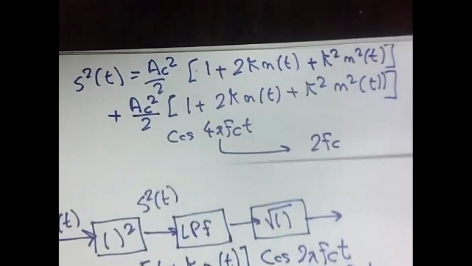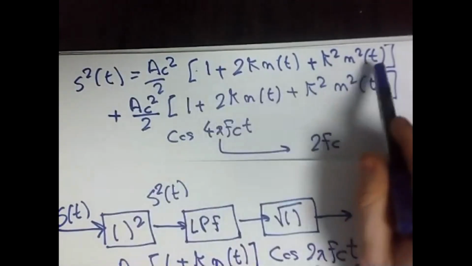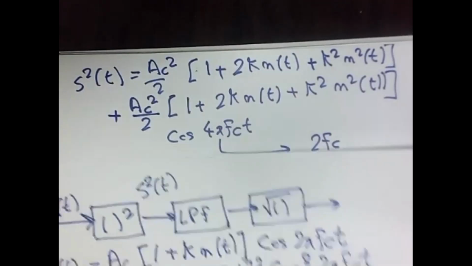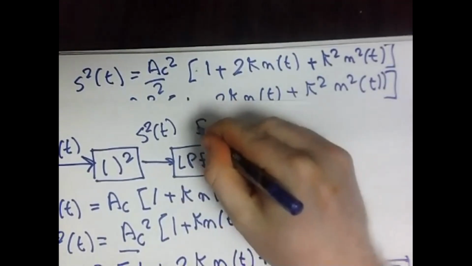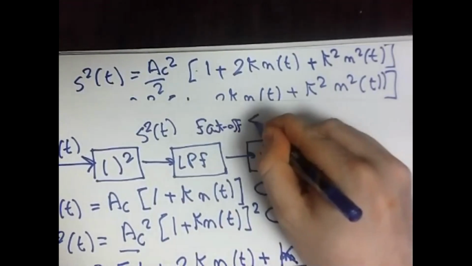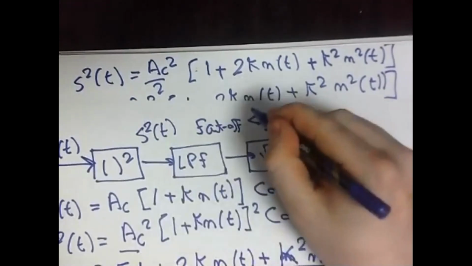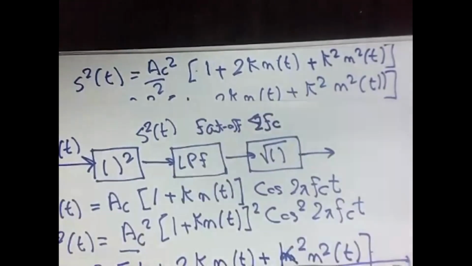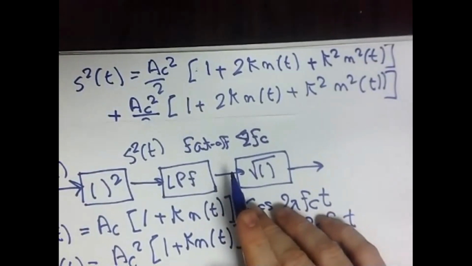Simply, you need to suppress the high-frequency component and pass the baseband signal. So the main restriction here is that your cutoff frequency should be smaller than 2fc.